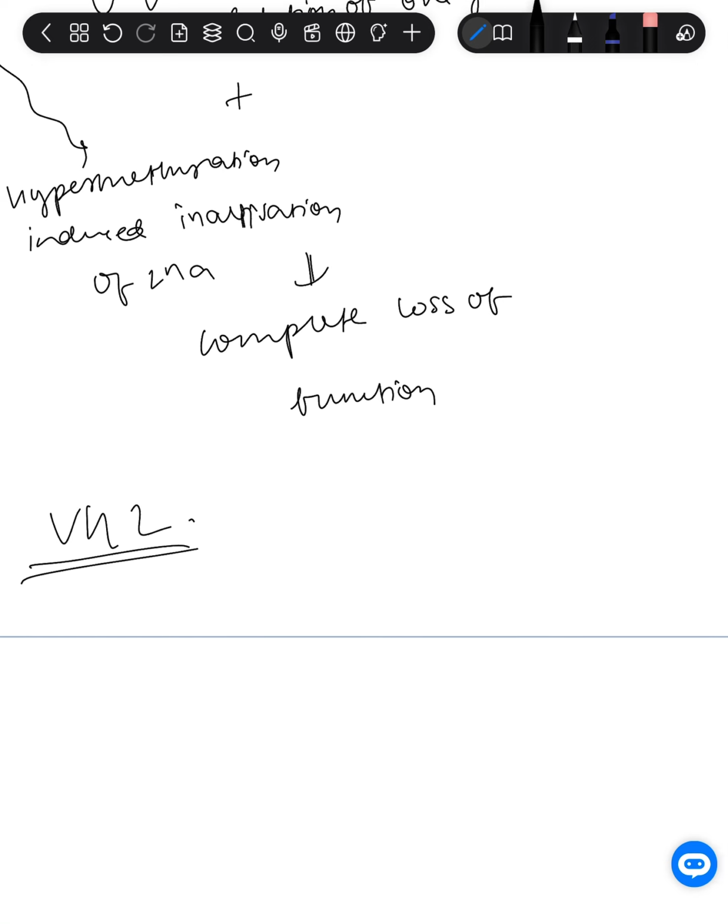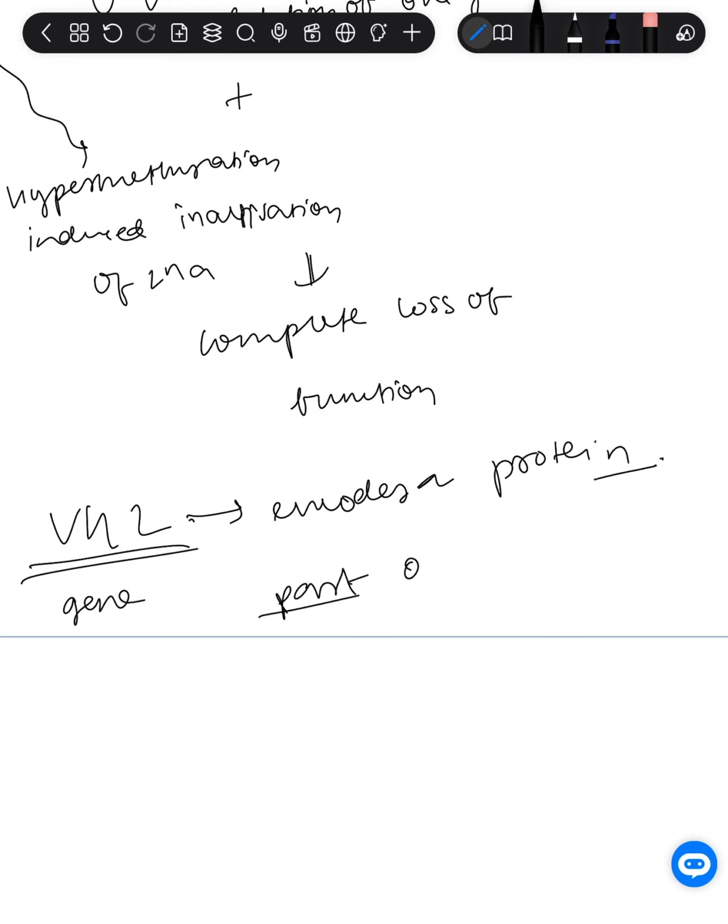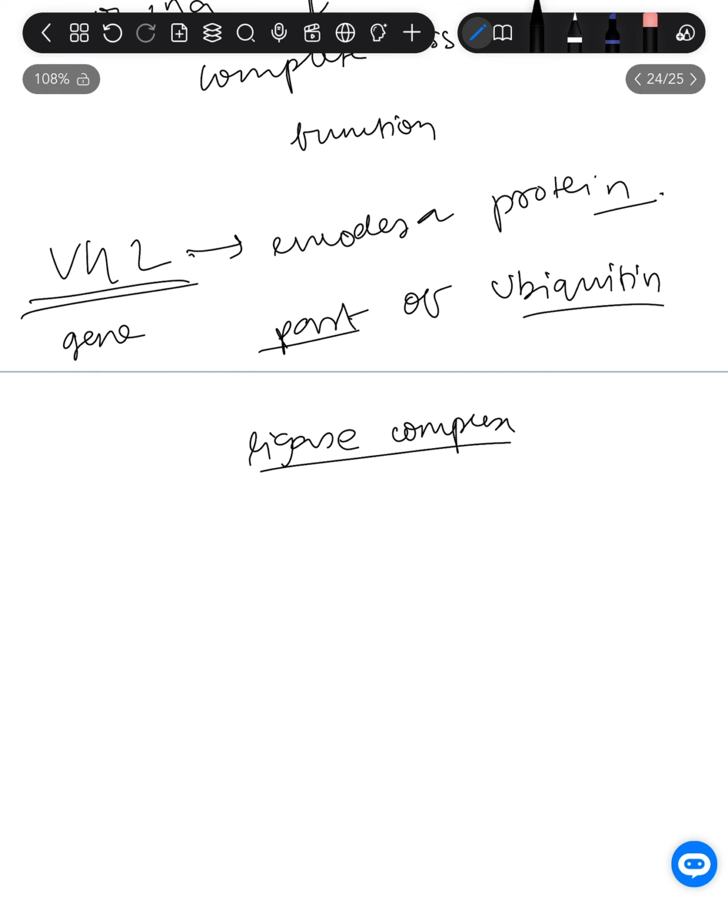VHL, as I said, is a tumor suppressor gene. The VHL gene encodes a protein that is part of the ubiquitin ligase complex. This ubiquitin ligase complex ligates factors.